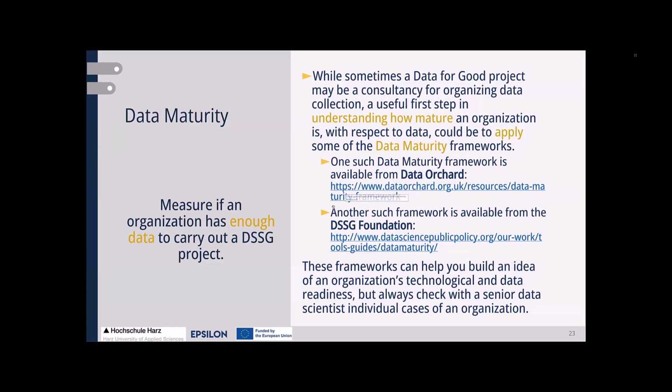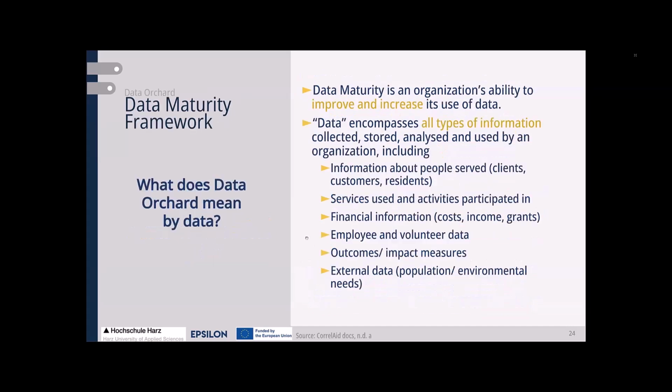You can find them under those links, and we will present them on the next slides. So these frameworks help you to build an idea of an organization's technological and data readiness. And you also are able to check with the senior data scientists if individual projects can be conducted based on the existing data source or not.